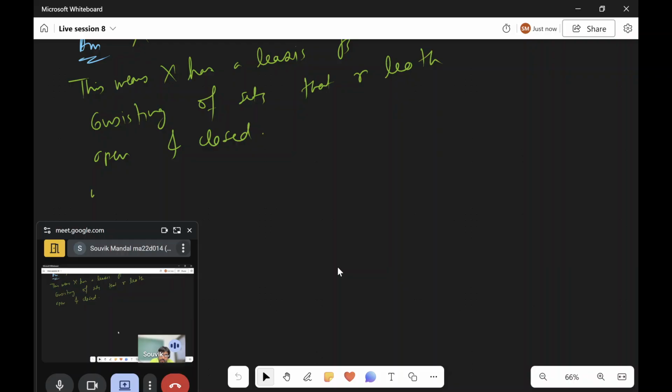Now we need to show that W(X) has a basis of clopen sets.